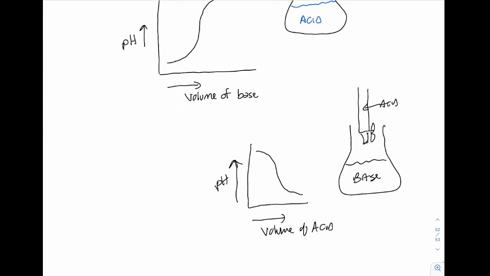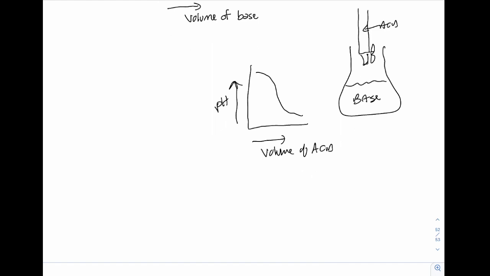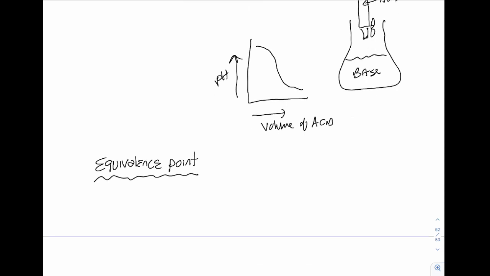I do want to define what's called our equivalence point. We're going to be using that term quite a bit. Our equivalence point is the point at which a stoichiometric equivalent amount of acid and base has been added. So essentially what that means is the moles of acid are equal to my moles of base.